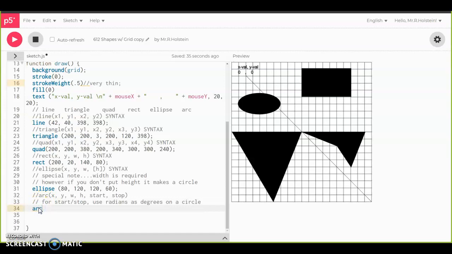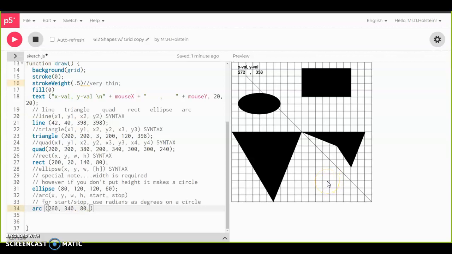I'm going to make an arc. The X and the Y is where it starts. So I'm going to put it over here on that point, 260, 340. Okay. Now, I need a width and a height. So I'm going to go 40 this way and 40 that way. So I want to be 80.